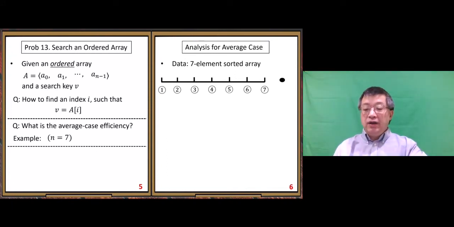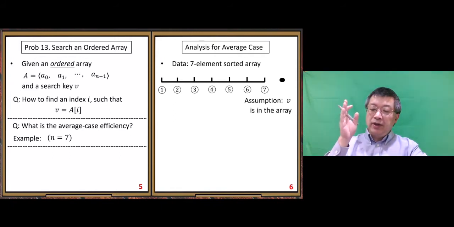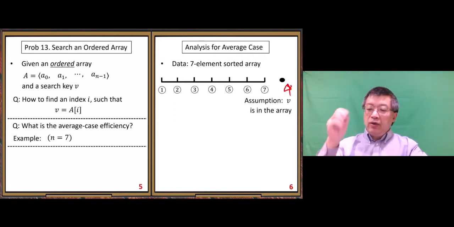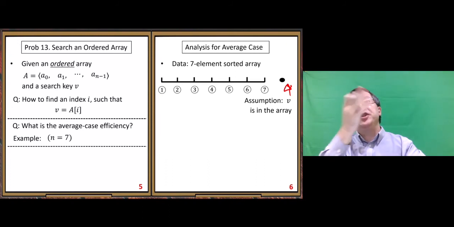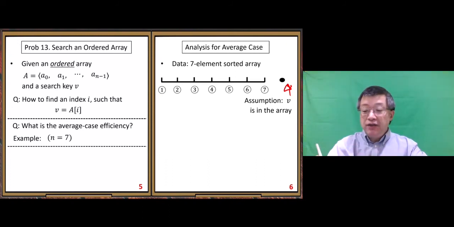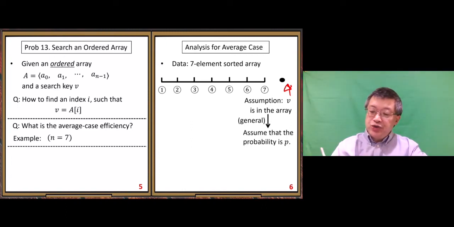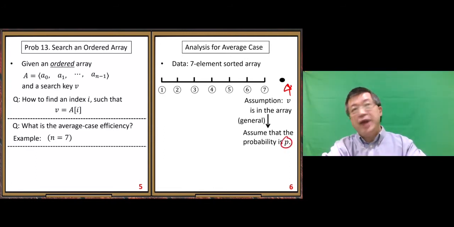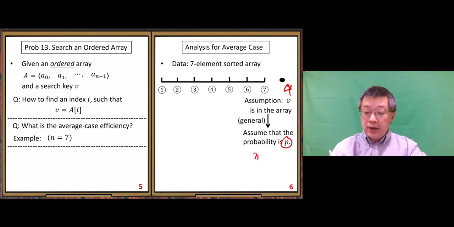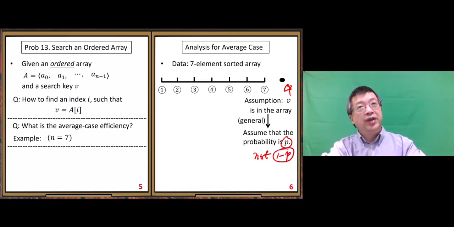Binary search. When we do comparison, for this V, we assume it is in the array for simplicity. Because there is a chance V may not be in the array, right? If we consider the more general case, we should assume the probability that V is in the array is P, and not in the array, 1 minus P. Remember what we did for the linear search.